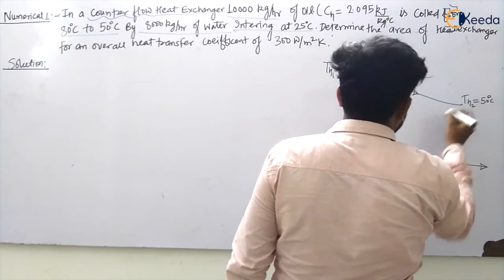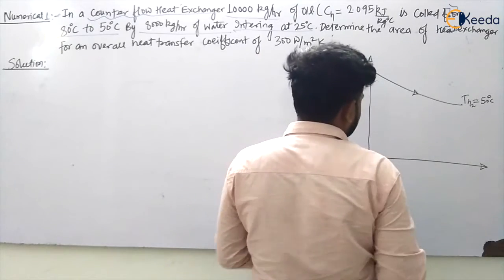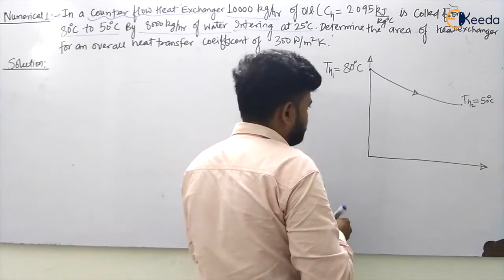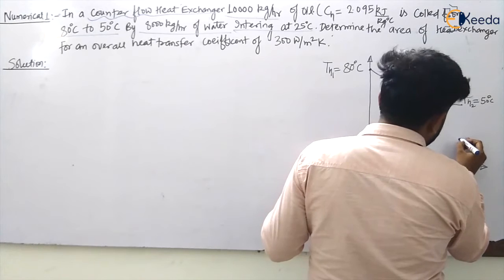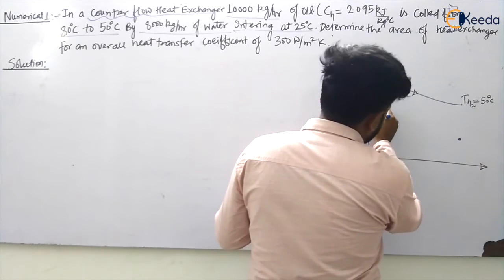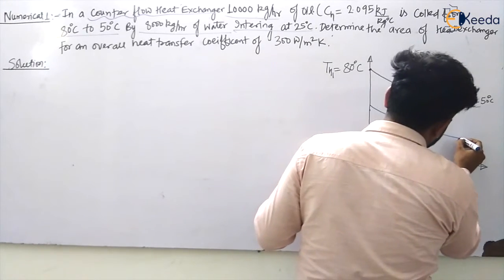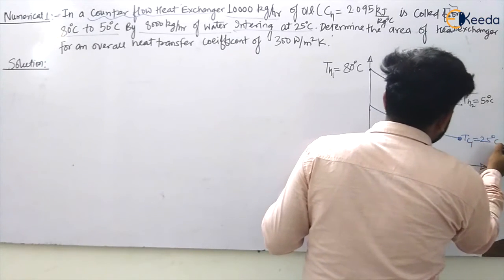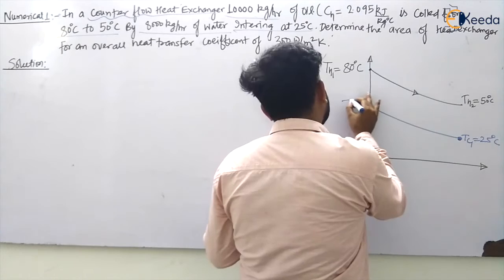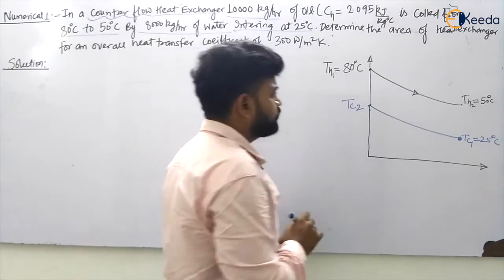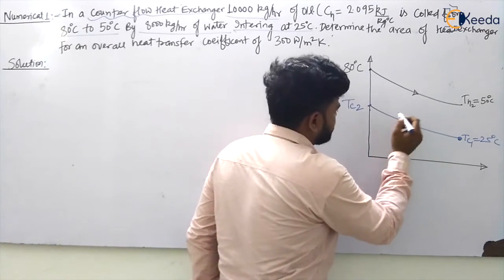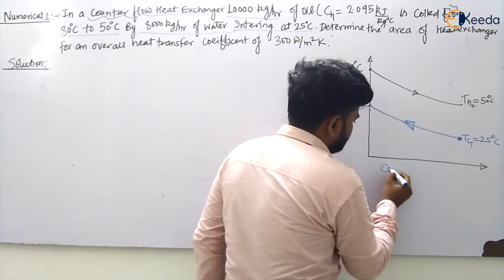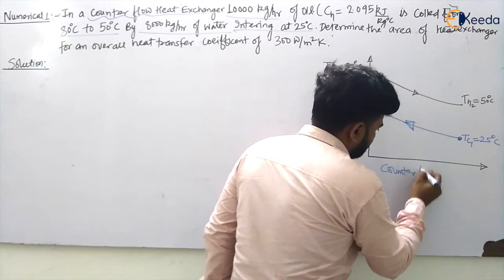And that he is doing by the cold fluid, that is water, and then you will have something like this. The TC1 for water is given to be 25 degrees Celsius, and TC2 is not given. That is your case of counter flow, my dear students.